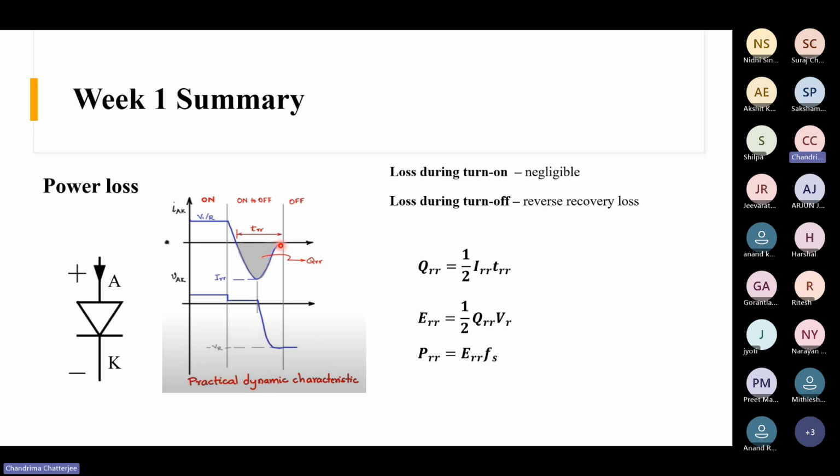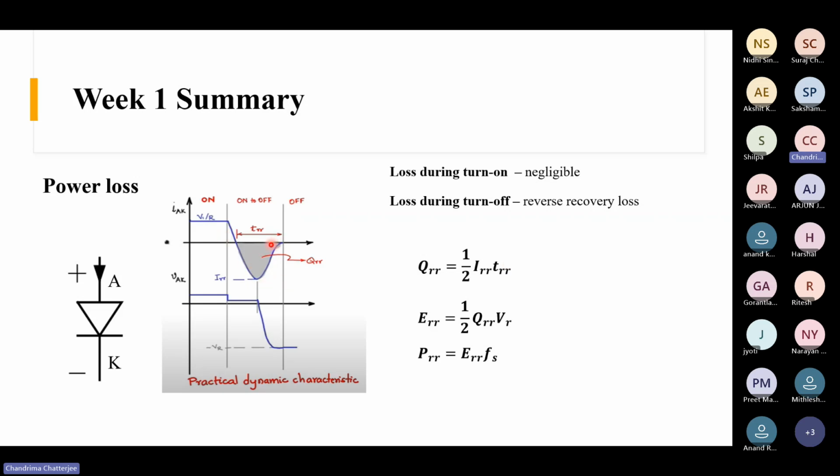If we want to calculate the reverse recovery charge, we denote it as QRR. We can approximate it as a triangle, though it is not exactly a triangle. The charge is basically the area under the current curve.